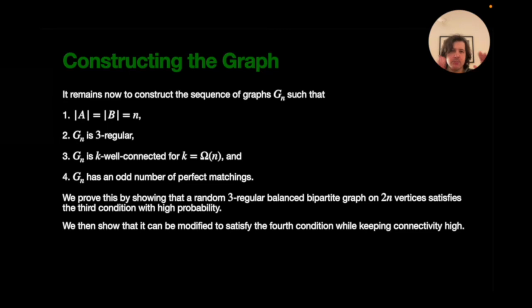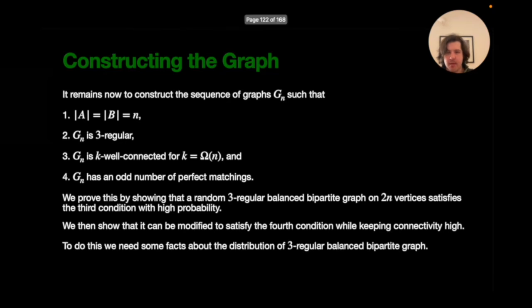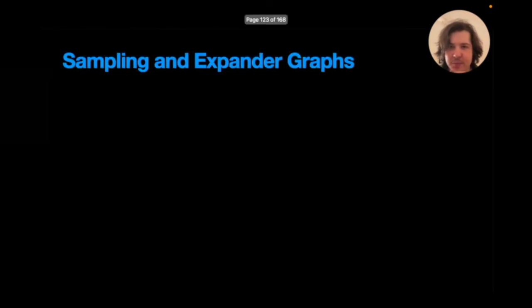We might diminish k, but not so much that we lose this linear lower bound. That's the idea, right? And to do this, we need to use some facts about the distribution of 3-regular bipartite graphs. And again, I won't go into technical detail about what we actually did in this context, but I'll try not to go through too much onerous detail.